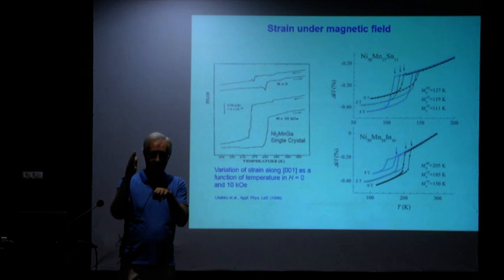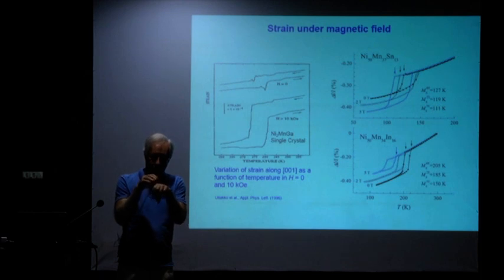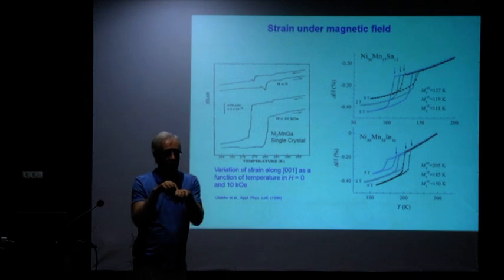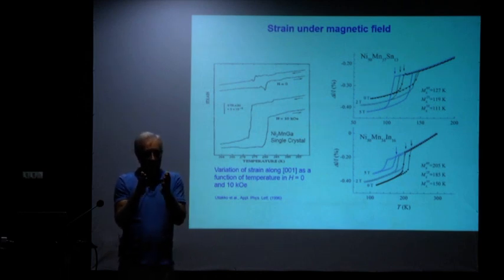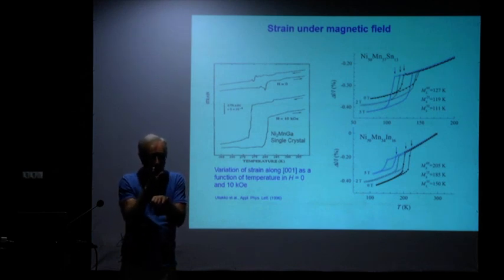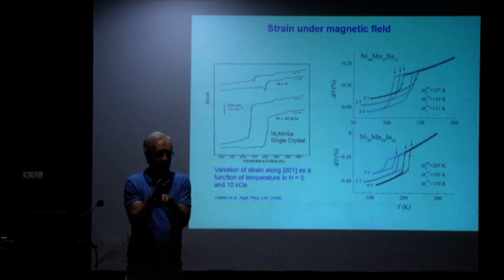So when you apply 5 Tesla and cool it in a magnetic field, you're going to interact immediately with whatever is going to grow. So the energy that you are supplying with your magnetic field is providing a strain in a particular direction.